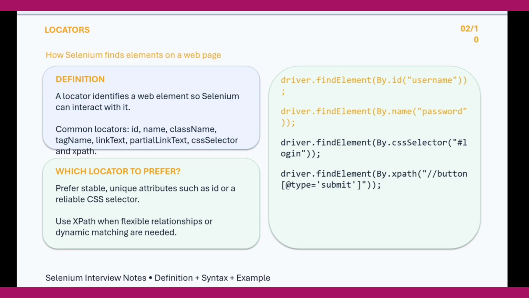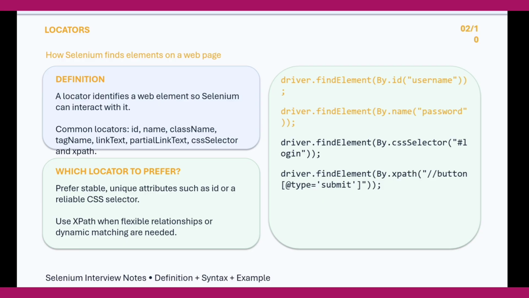For example, if a username field has an ID called username, we can use By.id to locate it. Similarly, we can use XPath when we need more flexible identification, especially for dynamic elements. Whenever possible, I prefer using a stable and unique locator because it makes the automation more reliable.